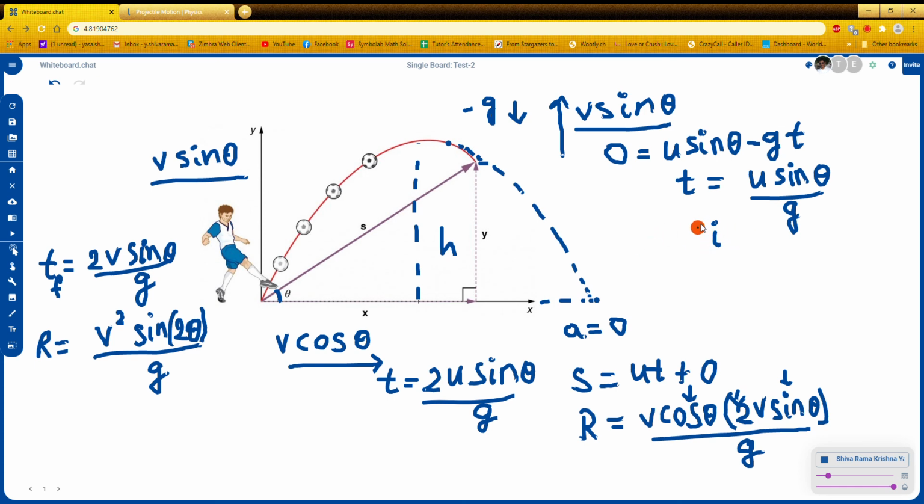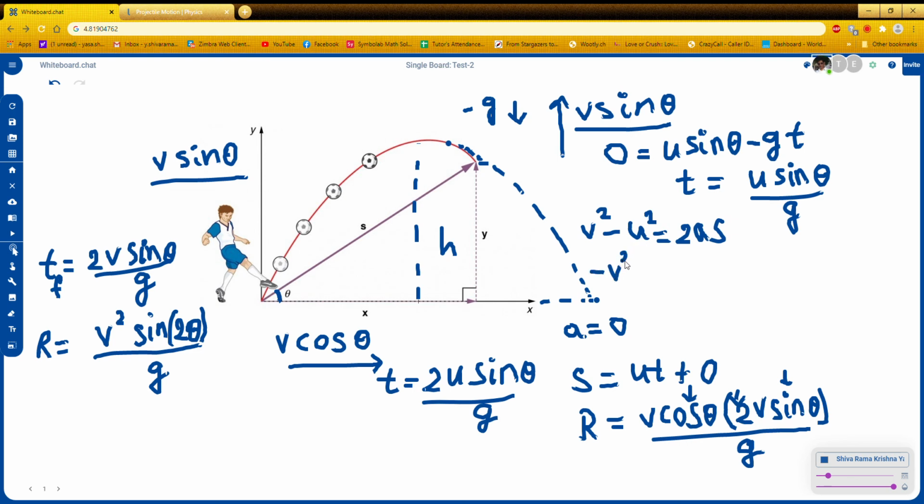But the other formula that gives this answer much more conveniently is v square minus u square is equal to 2as. We just need to find s here. V will be 0 because at maximum height the velocity in the y direction is 0, and u is the initial velocity in the y direction.